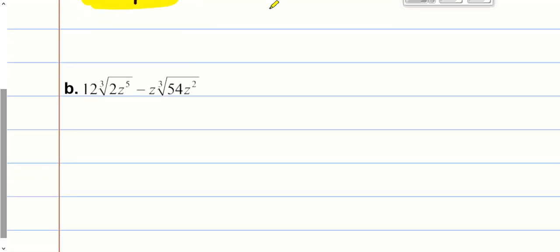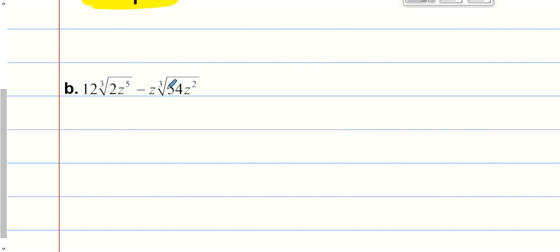Let's go to B. So we're basically putting everything that we've learned in this section together. We have 12 cube roots of 2z to the 5th minus z cube roots of 54z squared. So we're going to have to rearrange a few things because nothing is the same except my cube roots.